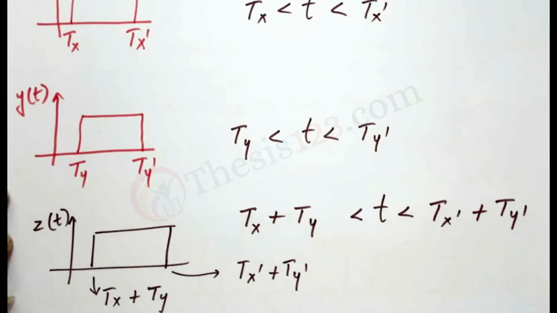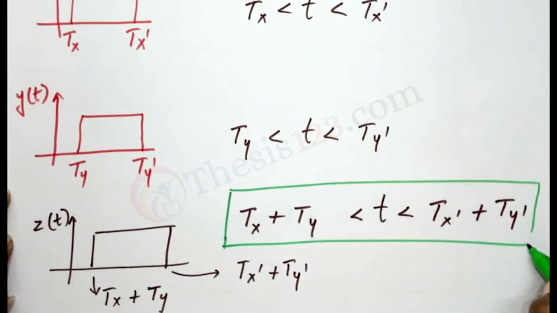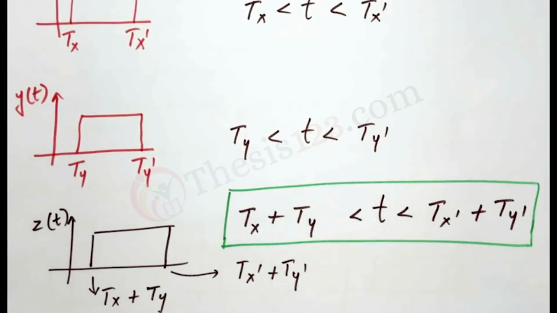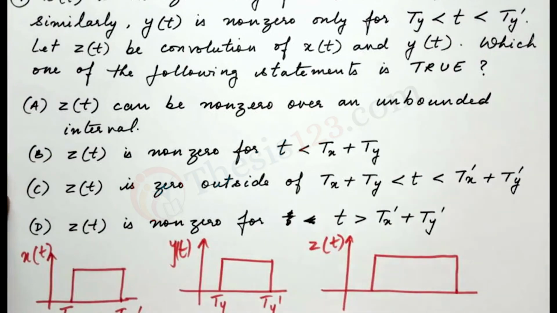This is our final expression for the convolution of both the functions. So let's see what this matches with. I believe it matches with option C. So this is our final answer. I hope it has helped.